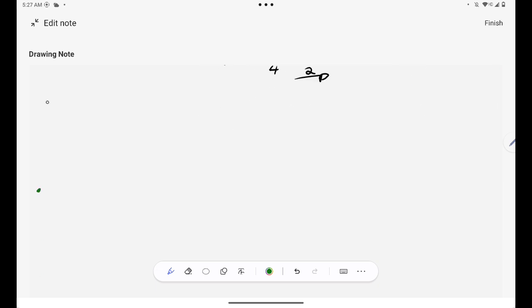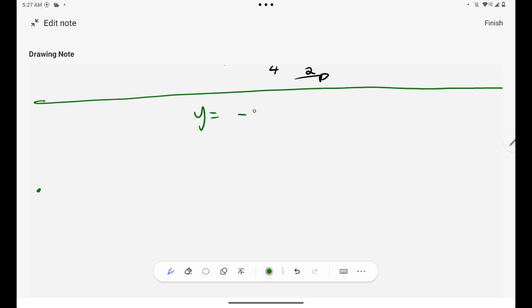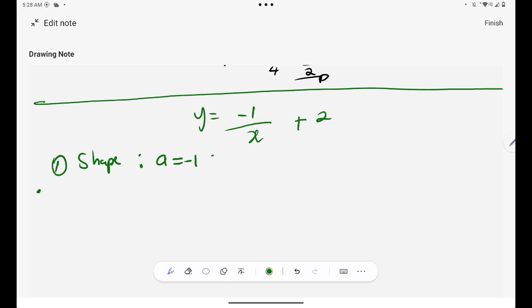Okay, and then please pause the video and do this one on your own. y is equal to negative 1 over x plus 2. Okay, the first thing that we do, we must find the shape. a is a number which is equal to negative 1.